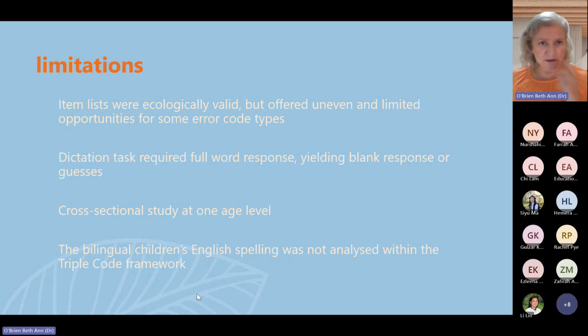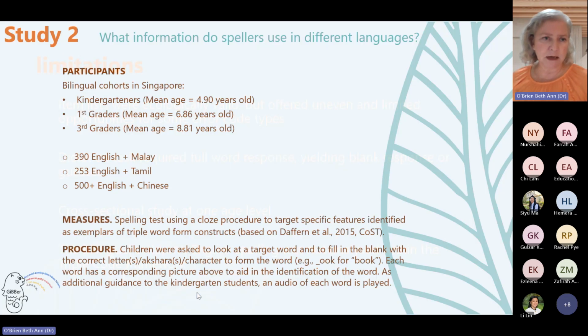So with those limitations in mind, we have an ongoing study now where we're using a similar framework to code children's spelling errors. And in this case, we have 3 age cohorts. So we have a group of kindergartners, almost 5 years old, first grade children who are between 6 and 7, and then third grade children who are 8 to 9 years old.